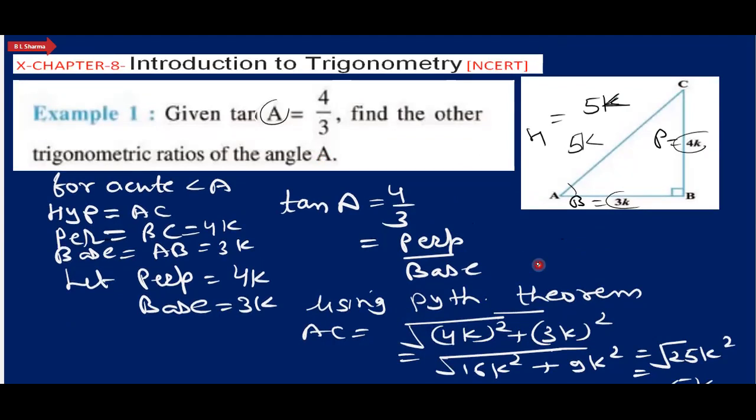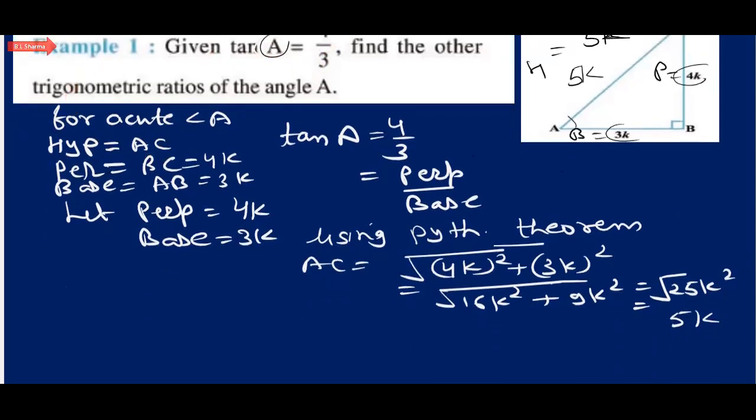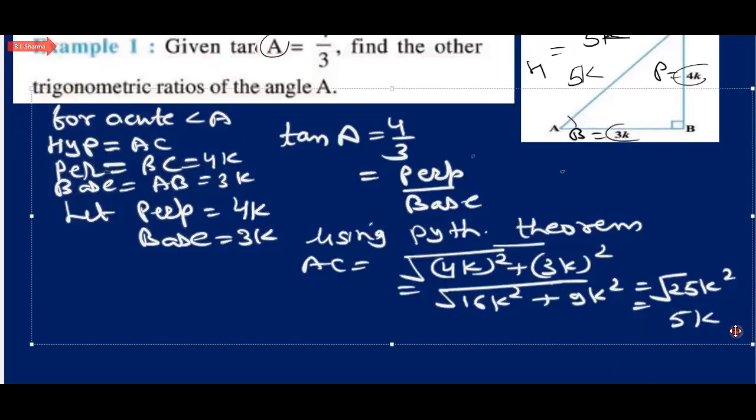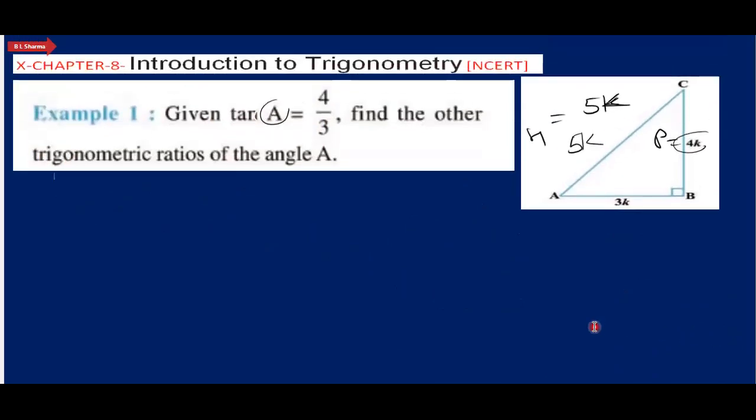Now one by one we have to find all the trigonometric ratios. Out of all 6 trigonometric ratios, 1 is given, and now we have to find the remaining ones. So first of all, sin A. Sin A is perpendicular upon hypotenuse.